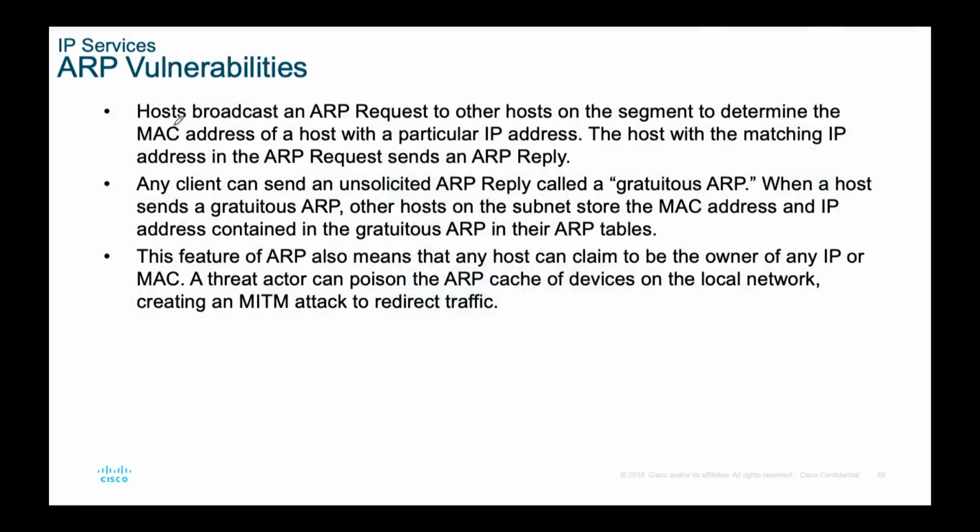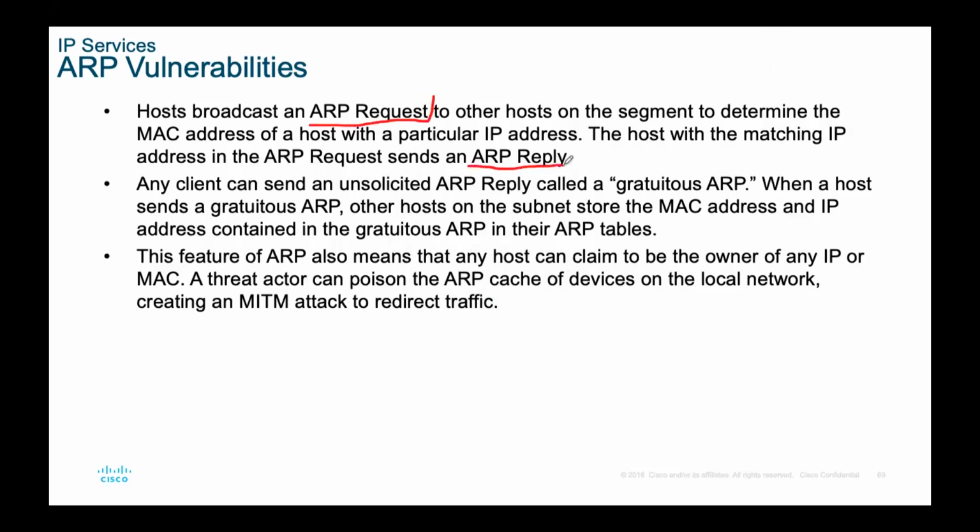Okay, a host broadcasts ARP requests to other hosts on the segment to determine the MAC address of the host with a particular IP address. The host with the matching IP address in the ARP request sends back an ARP reply.